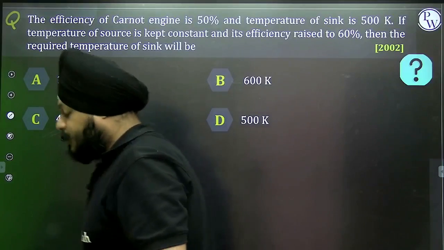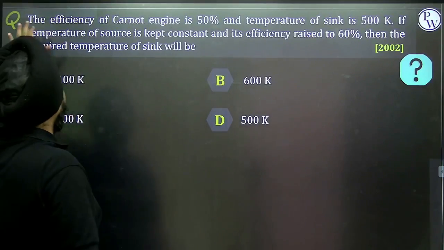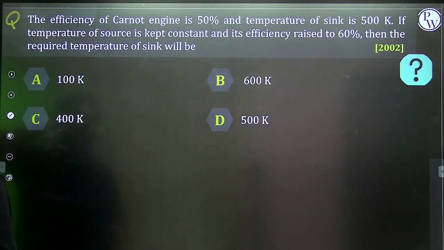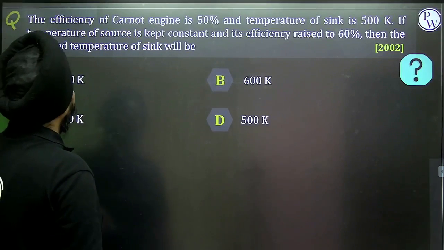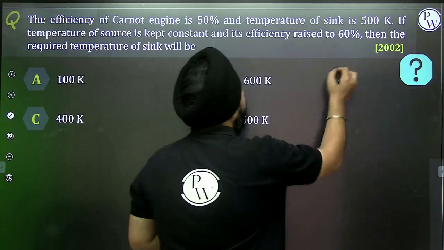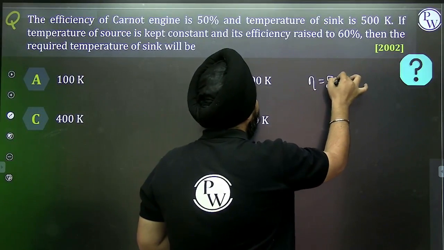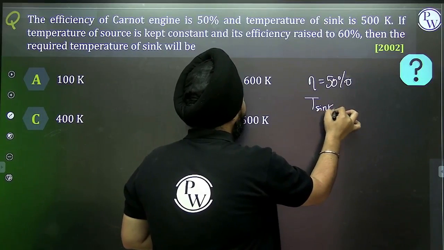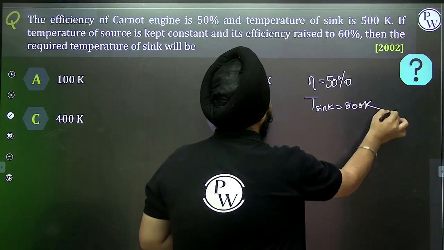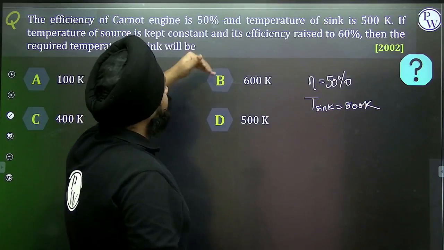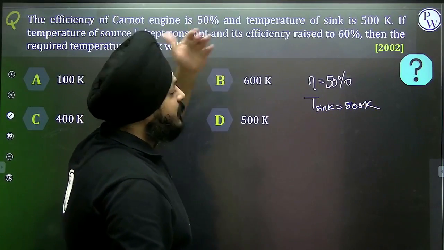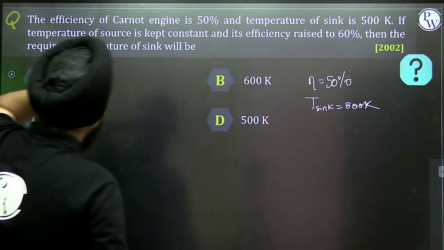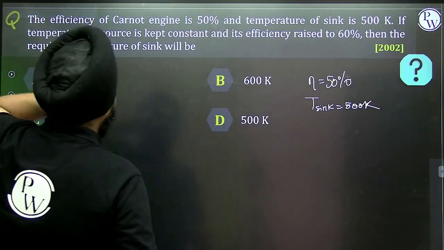Now let's move on to the next sum. The efficiency of the Carnot engine is 50% and the temperature of the sink is 500 Kelvin. If the temperature of the source is kept constant and efficiency is raised to 60%, then what will be the required temperature of the sink?